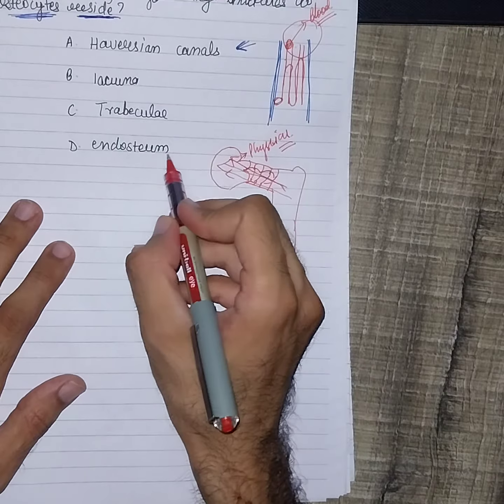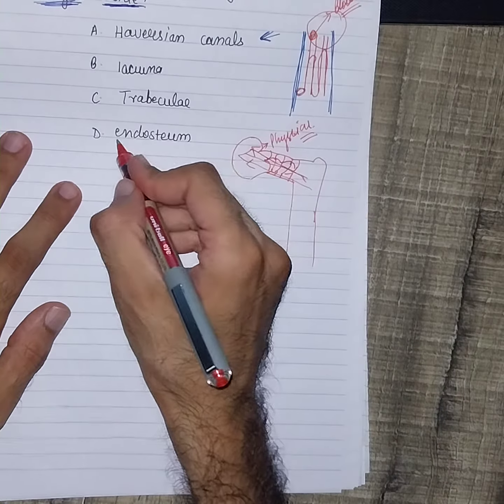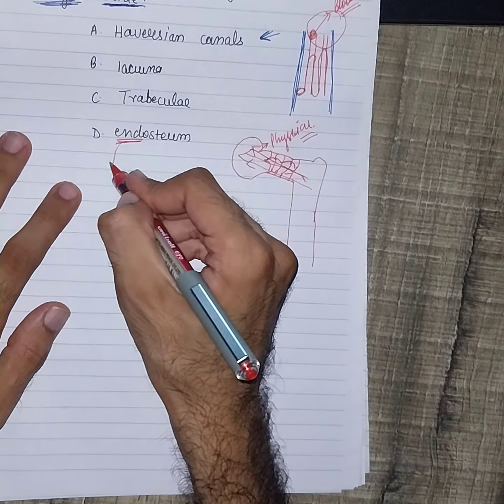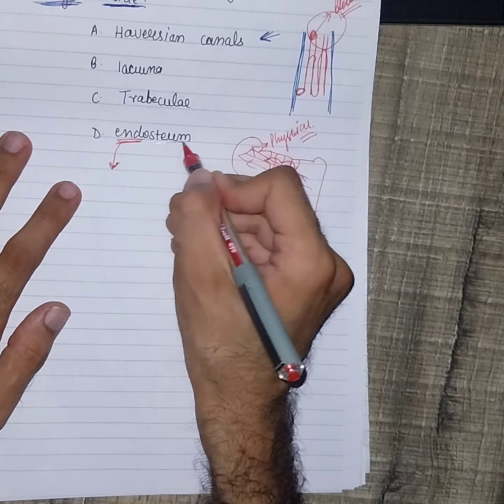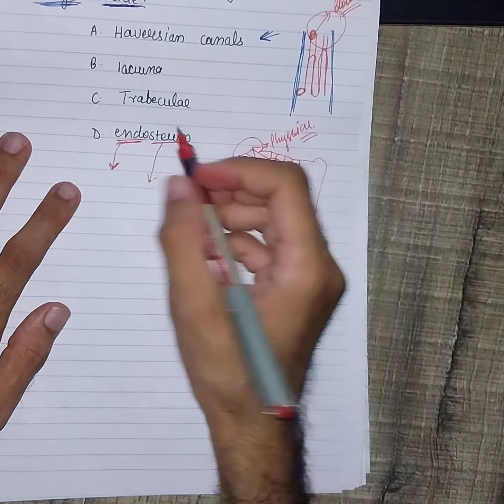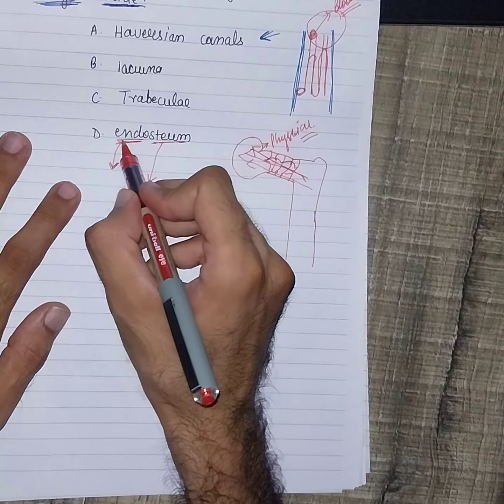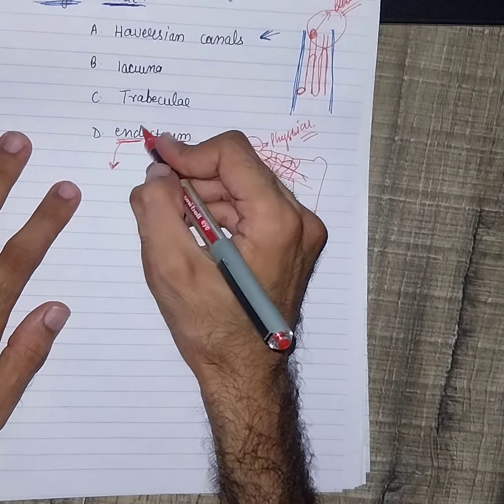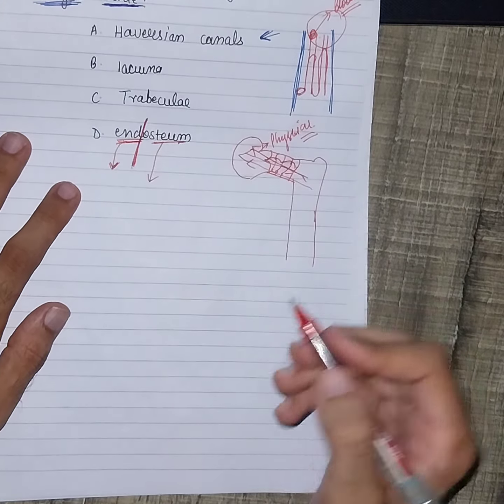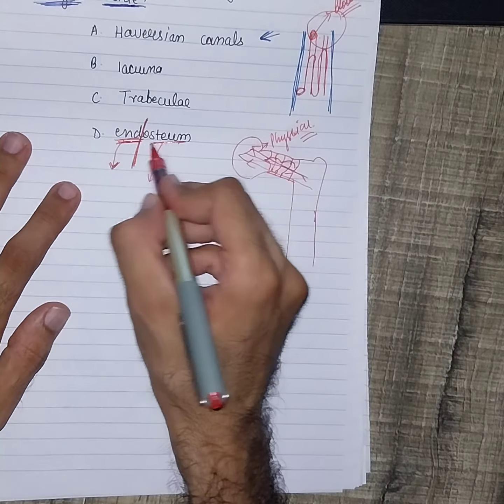Thirdly is the endosteum. As the name suggests, endo means inside and osteum means bone. Another way to pronounce it is endosteum, and we can dissect this name that way.